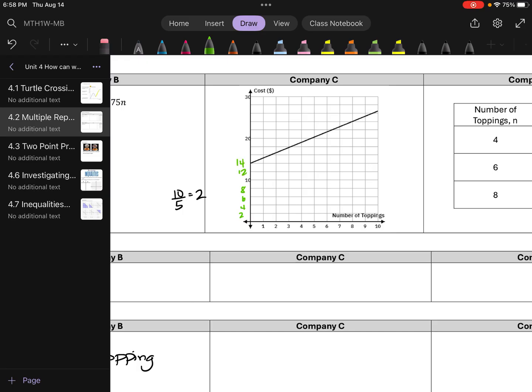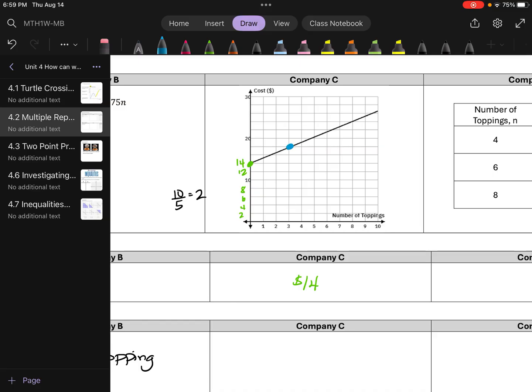Okay, so how much does it cost for $0 or 0 toppings? It costs $14. If I want to figure out the cost per topping, if I look at 1 topping, it doesn't look like a very good number. So what I'm going to do is follow along my line until I cross at a nice intersection point.